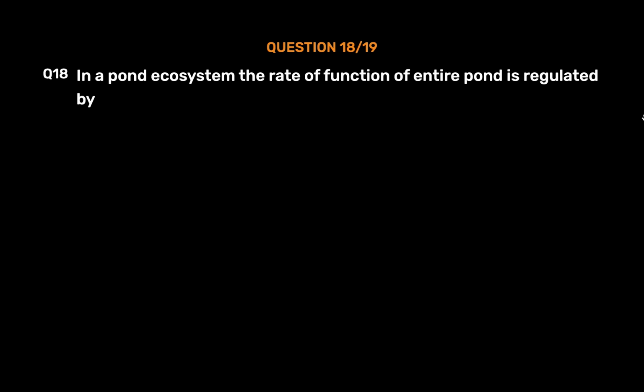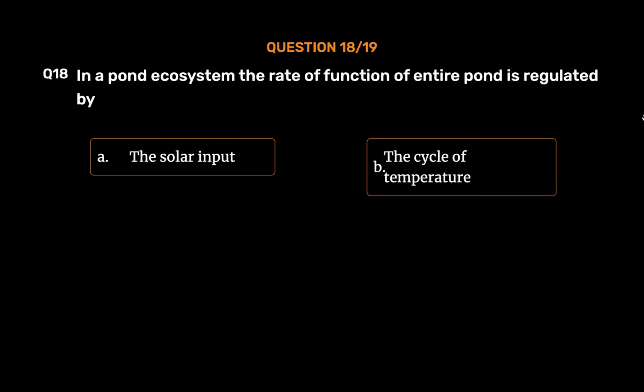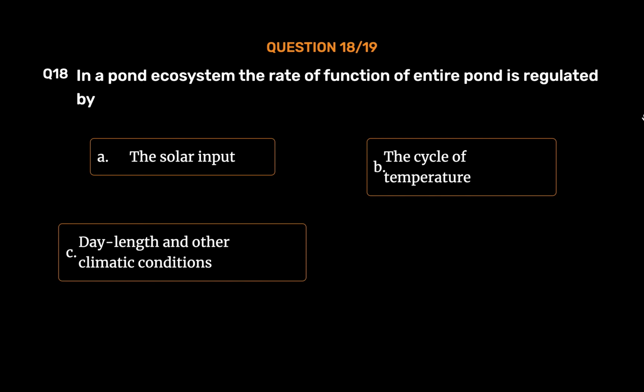Question number 18. In a pond ecosystem, the rate of function of entire pond is regulated by Option A. The solar input. Option B. The cycle of temperature. Option C. Day length and other climatic conditions. Option D. All of the above. The correct answer is Option D. All of the above.